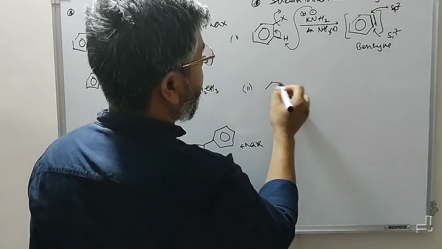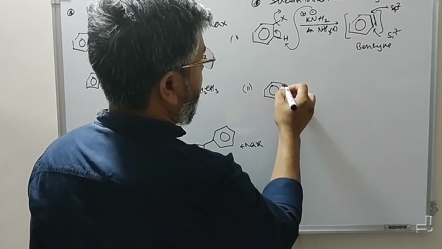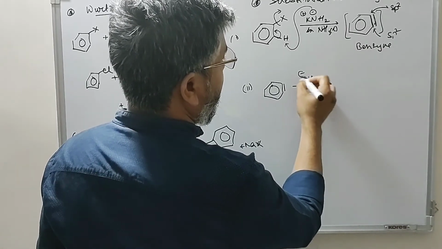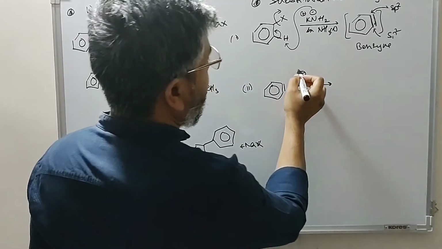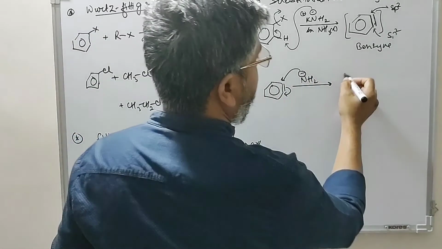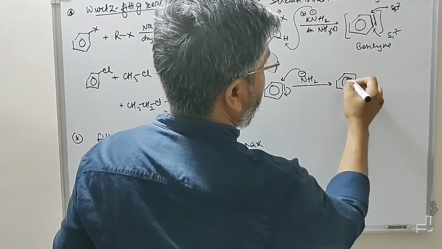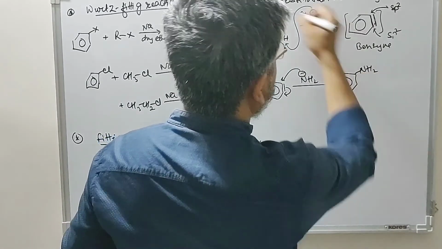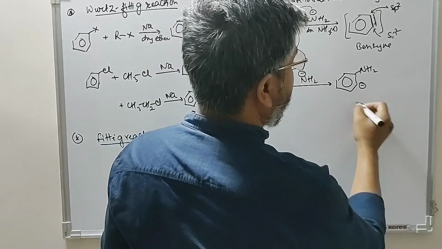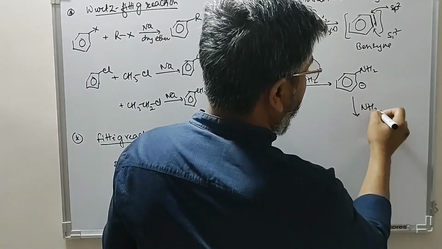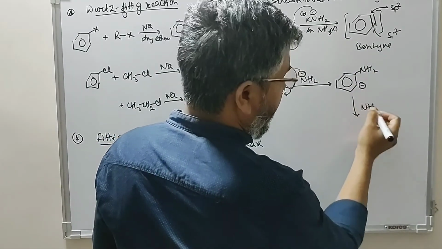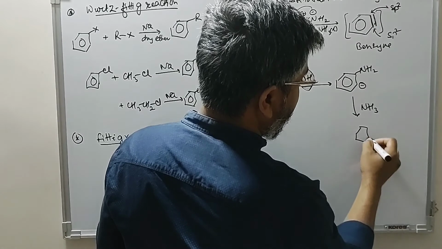In the second step, this reacts with NH2 minus again. Now look at this. NH2 attacks here. This electron pair is shifted here. When this gives you this Cl replaced by NH2, and we have a negative charge. So this reacts with ammonia which is present in the solvent. So this takes up H plus and is further converted into the product.